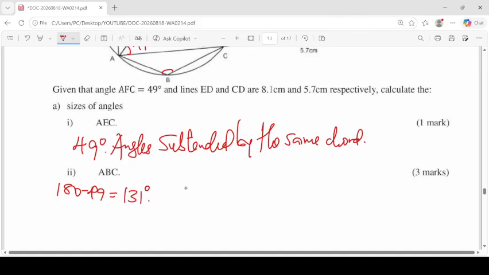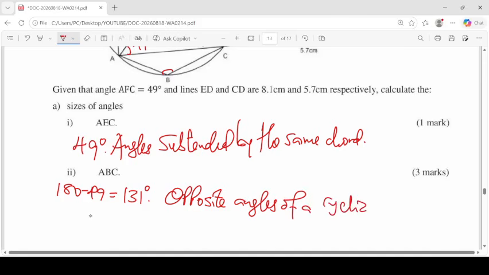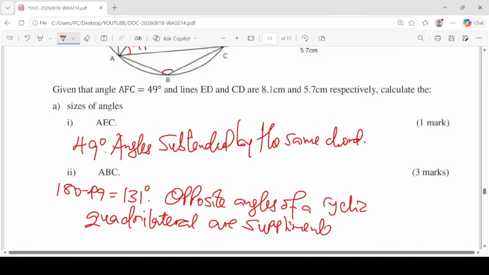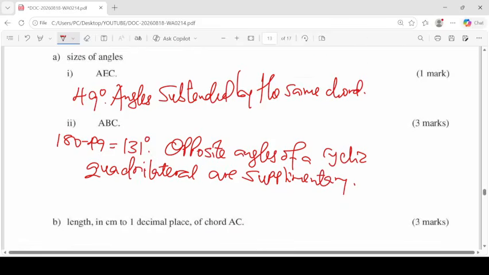Then we are going to say here that opposite angles of a cyclic quadrilateral are supplementary, or they add up to 180 degrees.